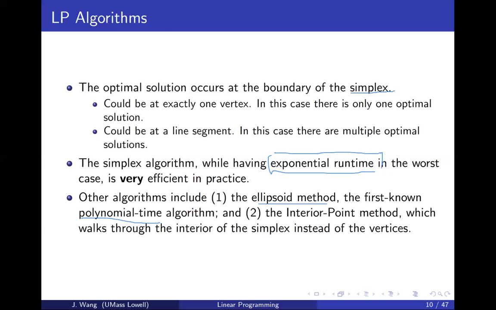But then for other problems, for instance, if you want to look for an integral solution, not just a real number solution, then interior point method may be useful. So this method just walks through the interior of the simplex instead of just the vertices as the simplex algorithm would do.